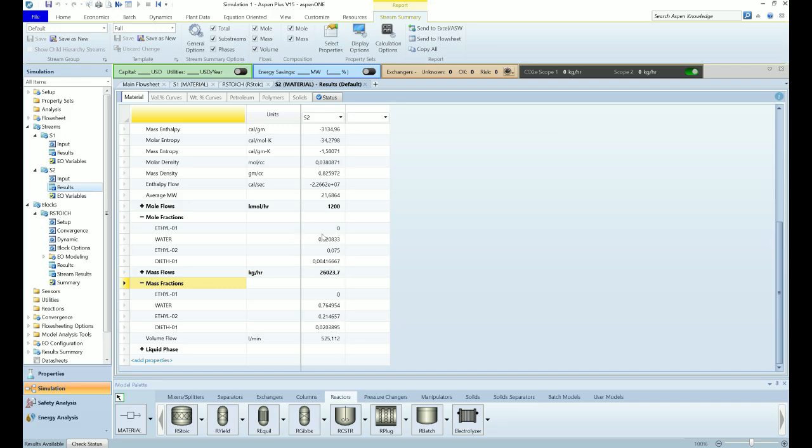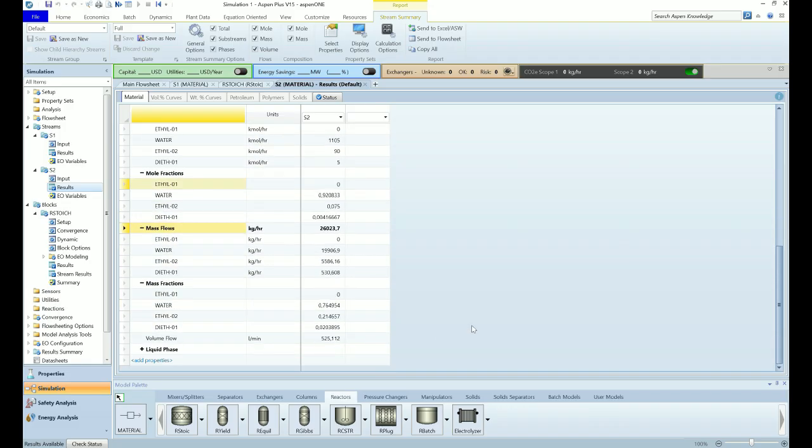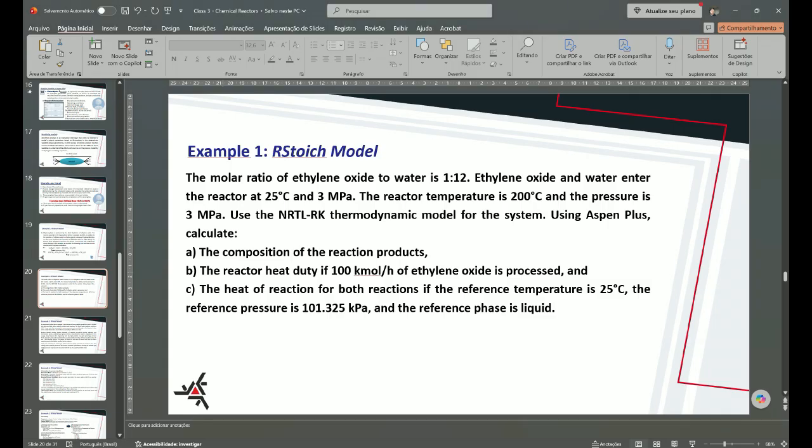This is the composition on a molar basis and here on a mass basis. We can check here in units of flow, kilograms per hour or kilomoles per hour. So these are the results for the compositions in the output stream.